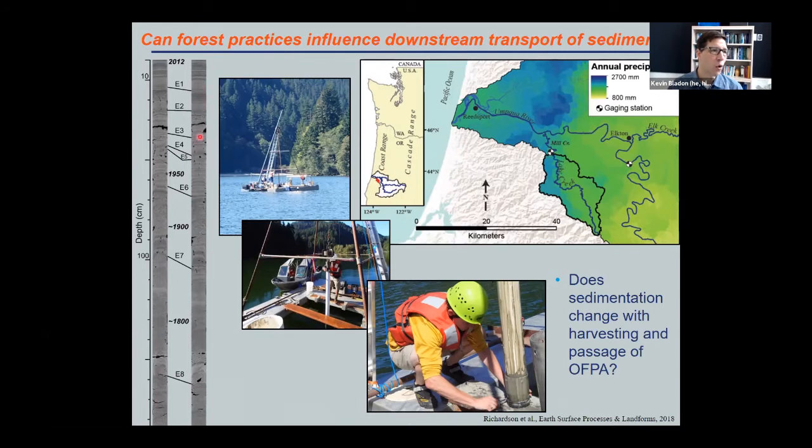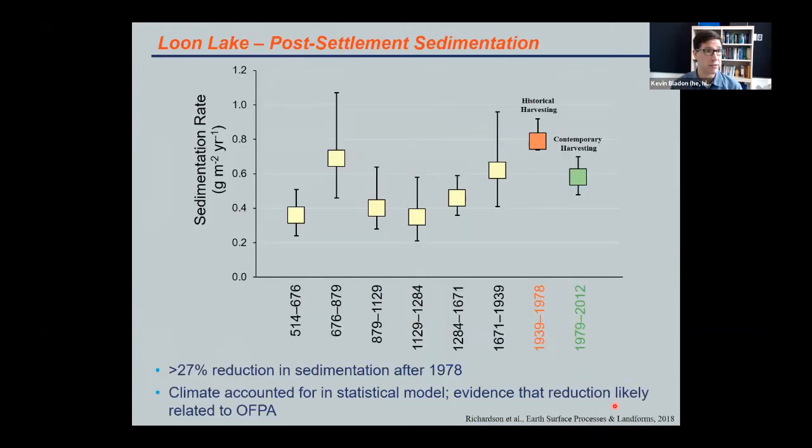They took cores from the lake, took those back to the lab and analyzed them, and were able to date the different levels of sediment, and tried to ask the question of, hey, does sedimentation change over time, and in particular with the passing of the Oregon Forest Practices Act? And what they found was, yeah, actually there is a nice relationship there.